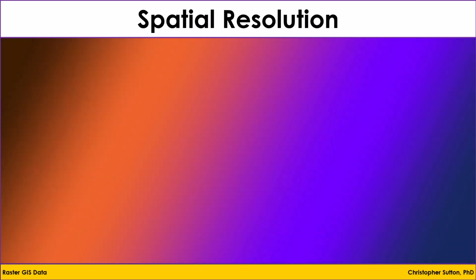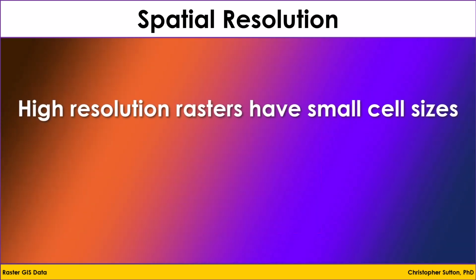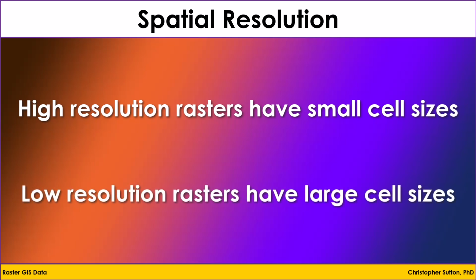In raster data, high-resolution rasters have small cell sizes, meaning each cell represents a small area on the ground. Low-resolution rasters have large cell sizes, meaning each cell represents a large area on the ground. Let's look at some examples of different spatial resolutions in raster data.